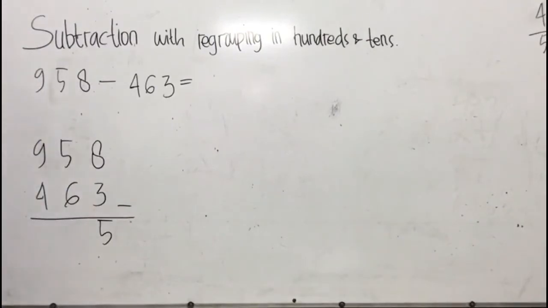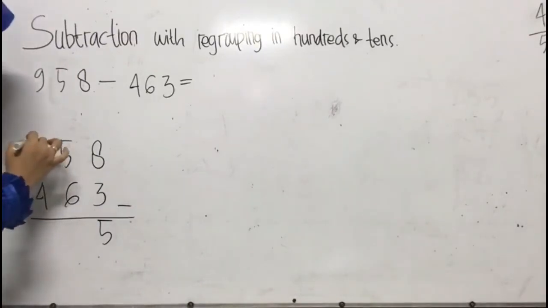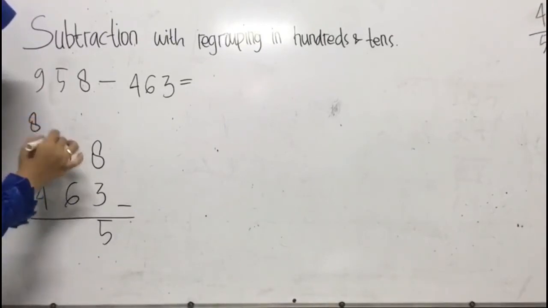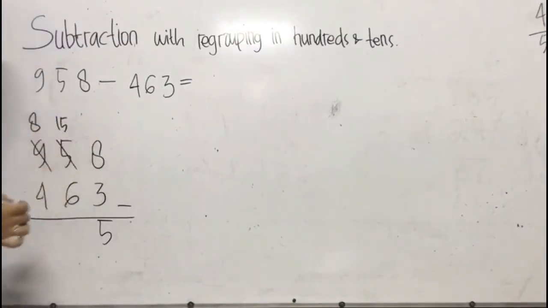And then subtract the tens. We cannot subtract 6 tens from 5 tens. So we regroup 100s into 10 tens. Now we have 15 tens. Okay sayang.